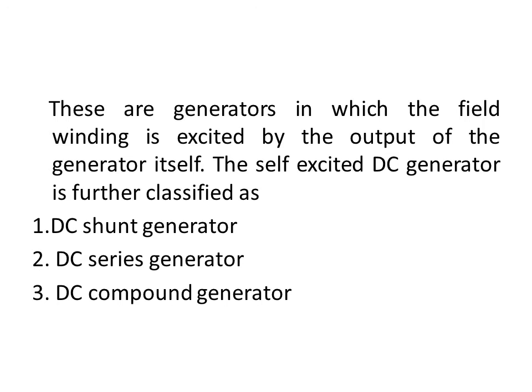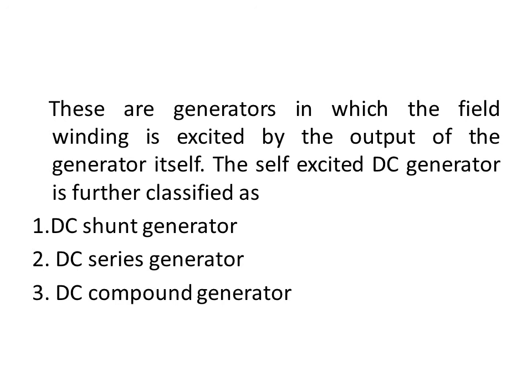A self-excited DC generator is the generator in which the field winding is excited by the output of the generator itself. The self-excited DC generator is further classified as DC shunt generator, DC series generator and DC compound generator.